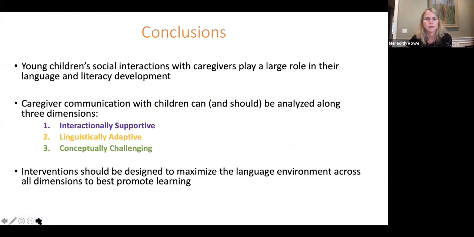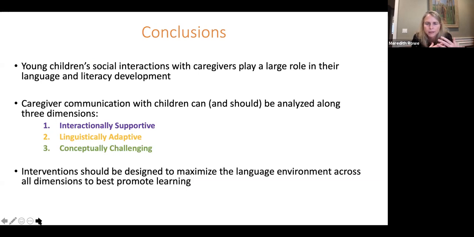Yeah, and then I just wanted to conclude. So basically, we know that young children's social interactions with caregivers play a large role in their language and literacy development. Caregiver communication with children can and should be analyzed, at least we're arguing, along these different dimensions. I think what's happening in the literature is people tend to pick one variable.